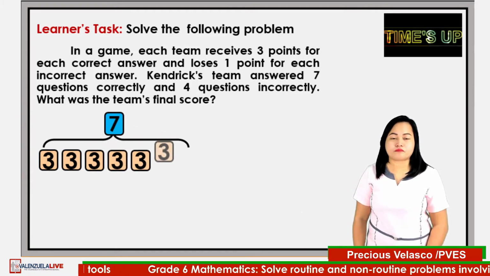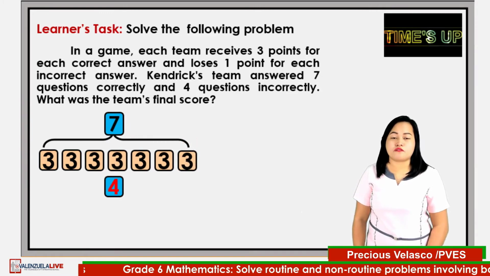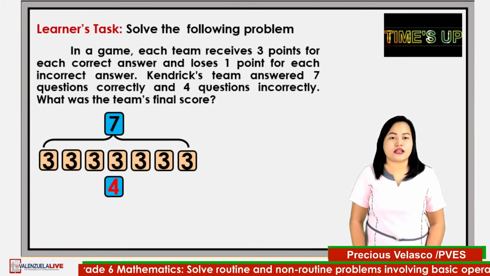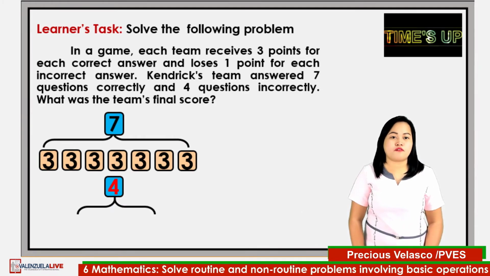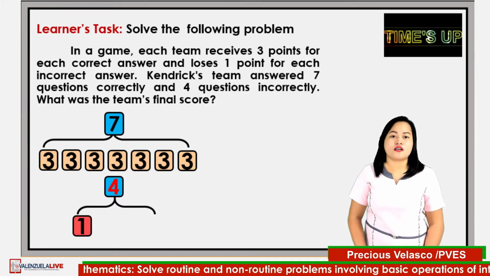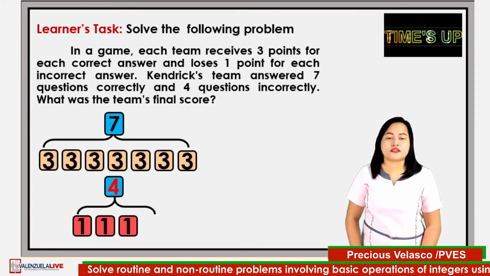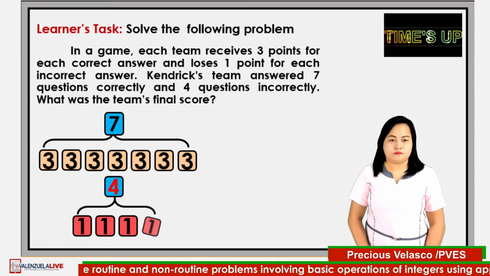And then I also have here 4 for the questions that are answered incorrectly. And I also have here 4 tiles or 4 boxes, which represents the number of points which they lose.